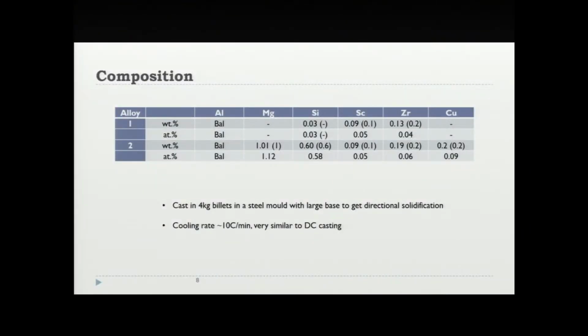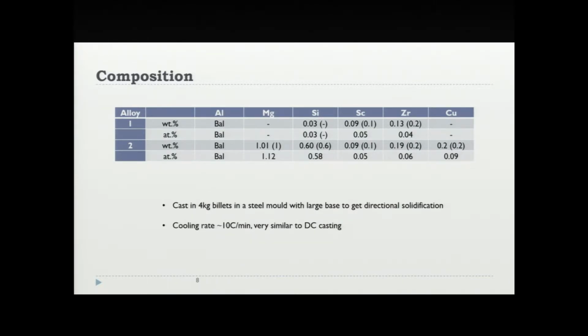So now let's go to the results. Those are the compositions used in this study and in the paper. We had a ternary aluminum-scandium-zirconium alloy, and then the other alloy with magnesium and silicon, with 1% magnesium and 0.6 silicon content.